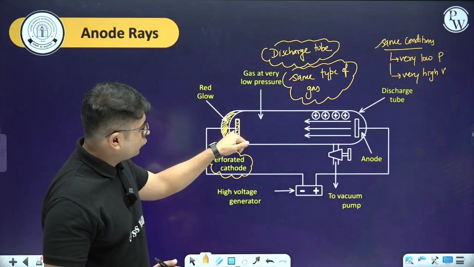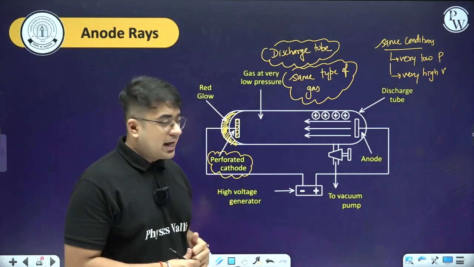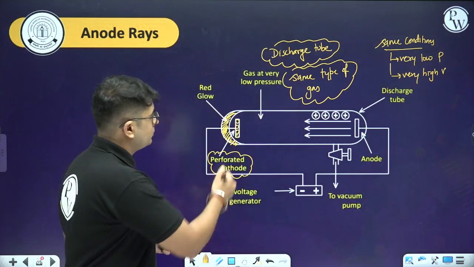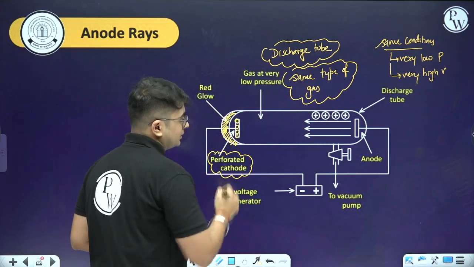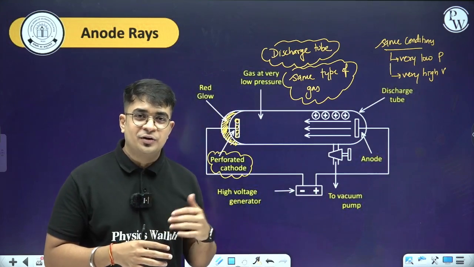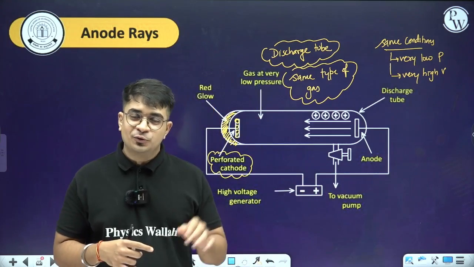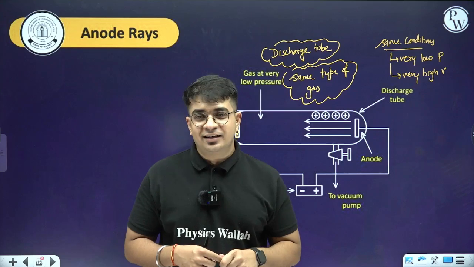Now we have a perforated part, so they can again move in a straight line, moving through this particular part like something traveling through a tunnel. Like let's say you are going to Manali, or you want to go to Lahaul Spiti, you have to move through the Atal tunnel.